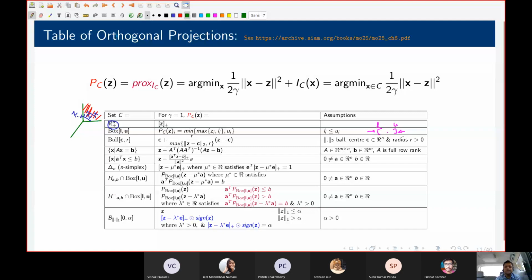Geometrically, all of you will get it: if you're outside the ball, go radially into the ball. That's the key, how do you go? You go radially into the ball. If you're already inside the ball, there's nothing to be done. Leave it as it is. So radial direction for projection. Okay.